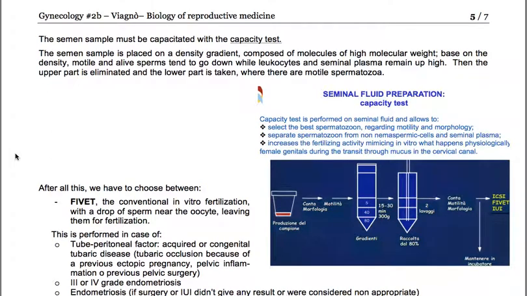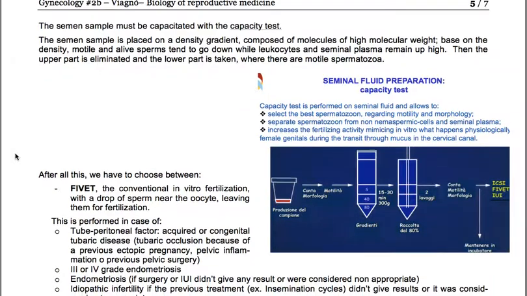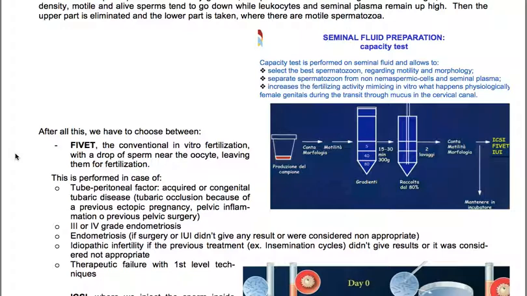After all of this, we have to choose between FIVET, which is the conventional in vitro fertilization, with a drop of sperm near the oocyte, leaving them for fertilization. This is performed in case of tubo-peritoneal factor, that is, acquired or congenital tubaric disease, like tubaric occlusion because of a previous ectopic pregnancy, pelvic inflammation, or previous pelvic surgery.